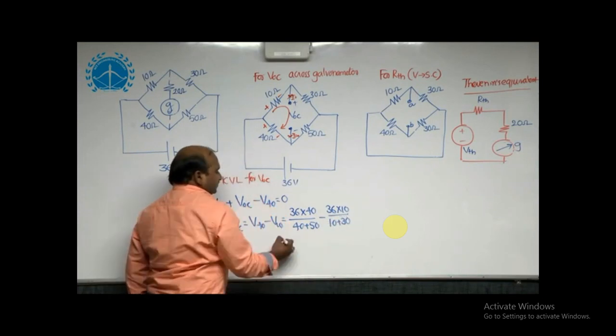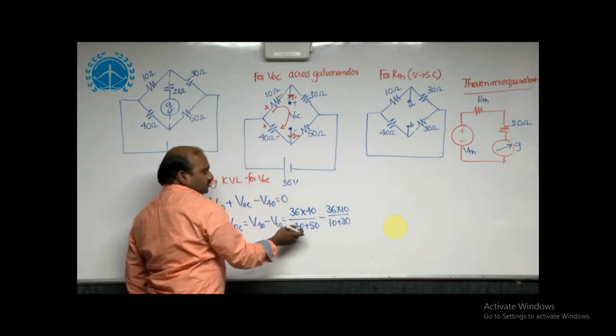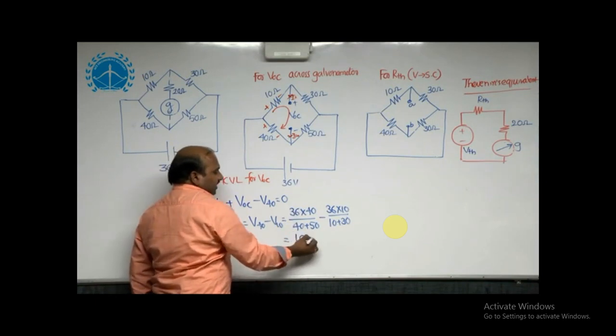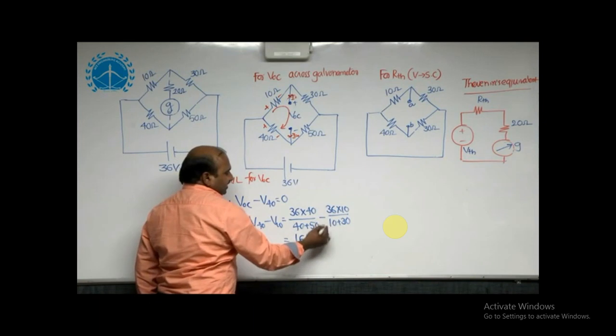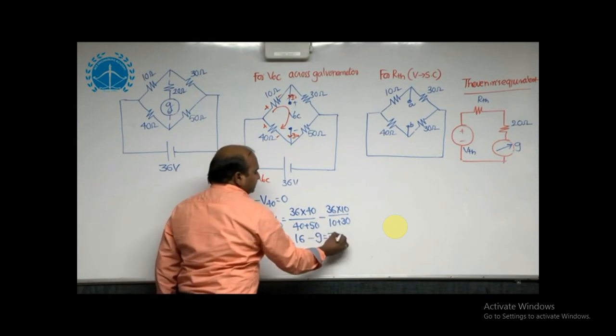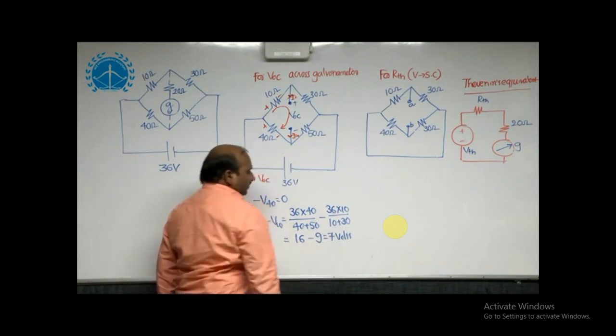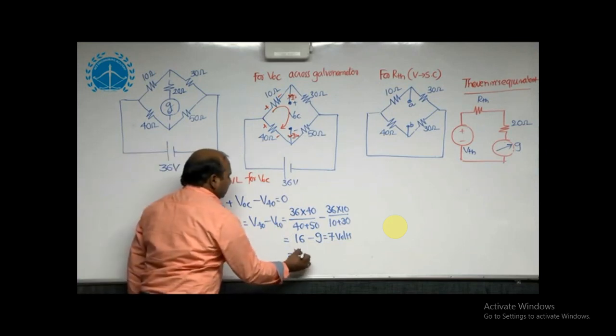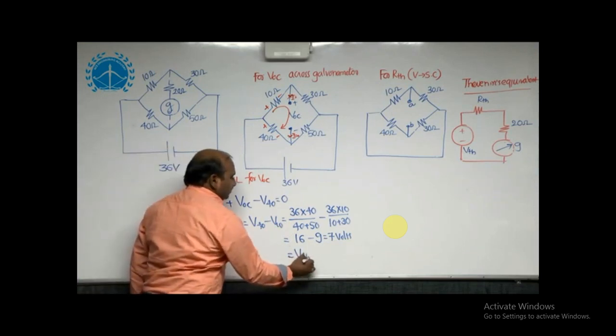With this we are getting 4 into 4, which is 16, minus 9. 16 minus 9 is 7 volts, which is the open circuit voltage. This is also called Thevenin's equivalent voltage, V Thevenin or VOC.